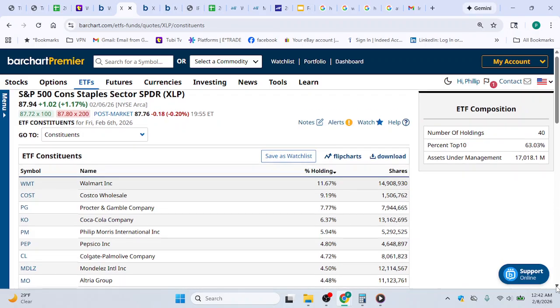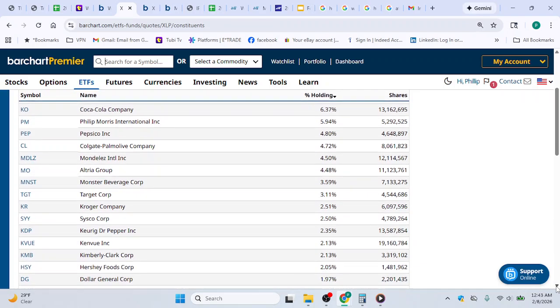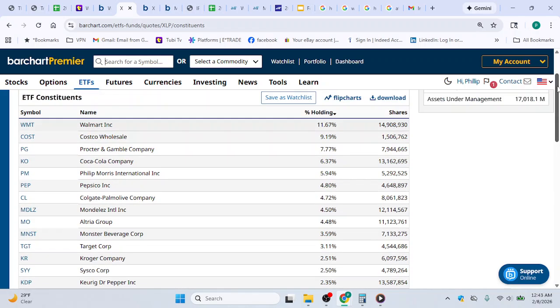And again, it's going to show a list of the stocks within this ETF based on the percentage holding. Again, Walmart's at the top, followed by Costco. And if we keep going down, we can still see some names we recognize, like General Mills, Dollar General, Hershey's, Dollar Tree, Kraft Heinz, Tyson Foods, and these other very large consumer staples products companies, right?